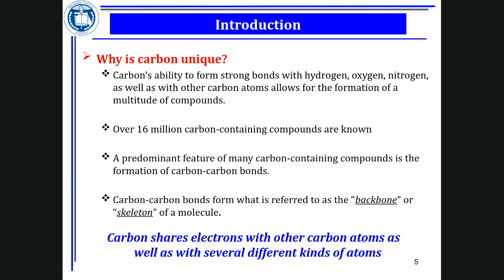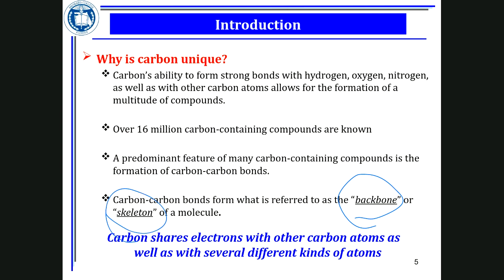So carbon is very unique because of the type of hybridization that can form, the order of the bond that it can form, and the carbon-carbon chain. The carbon chain in organic chemistry is known as the backbone or skeleton of the molecule.